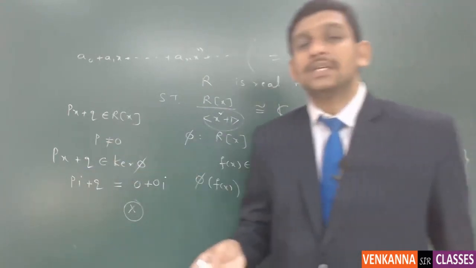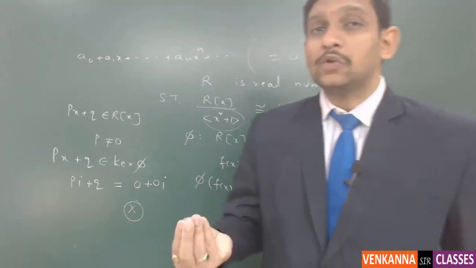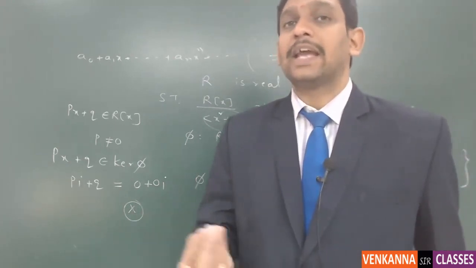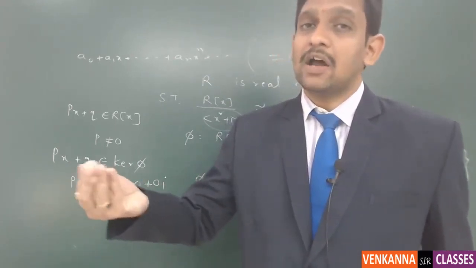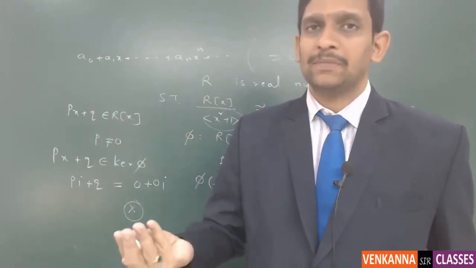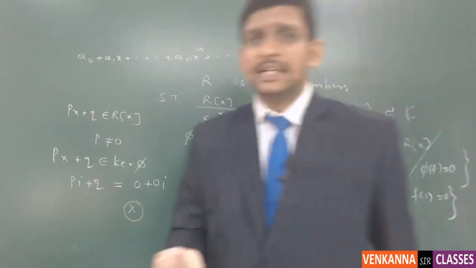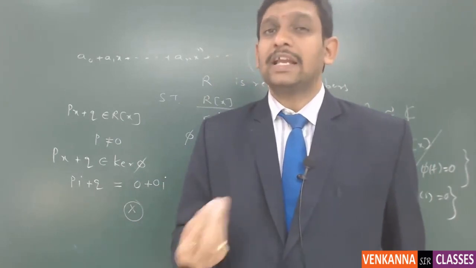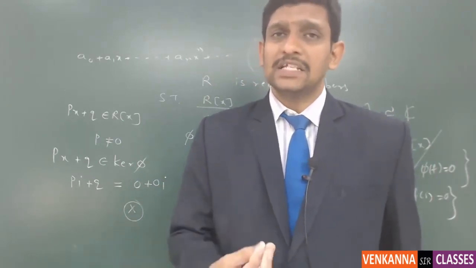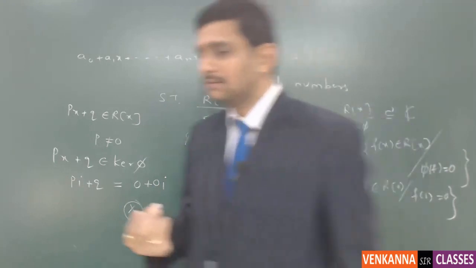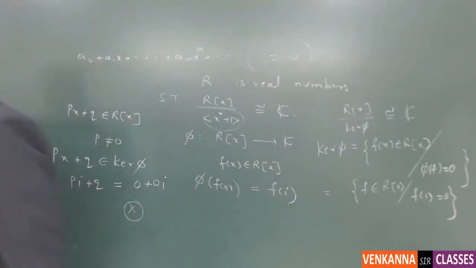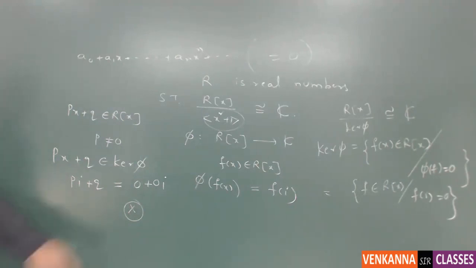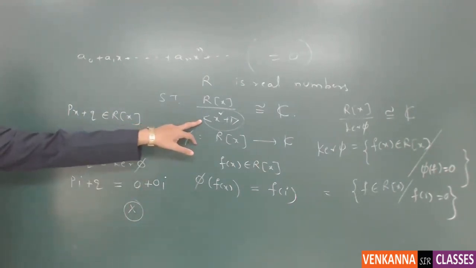Now we need to give clarity that the kernel will contain second or higher degree polynomials. That means it is enough for us to show that the kernel contains at least one second degree polynomial. As per the problem, this is there in the denominator.